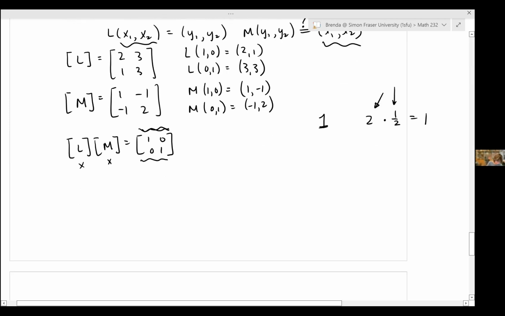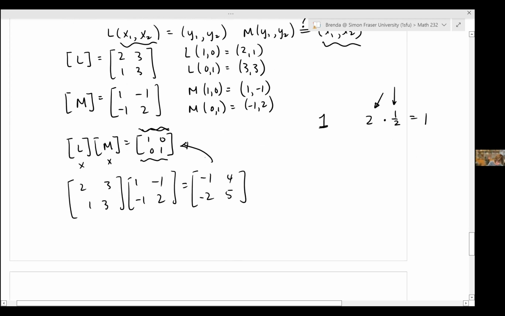So I now can just try it out. 2, 3, 1, 3 multiplied by 1, -1, -1, 2, and I got here -1, 4, -2, 5. Clearly not the identity. So these are not inverses. And we can see this, in fact, even with just an example.